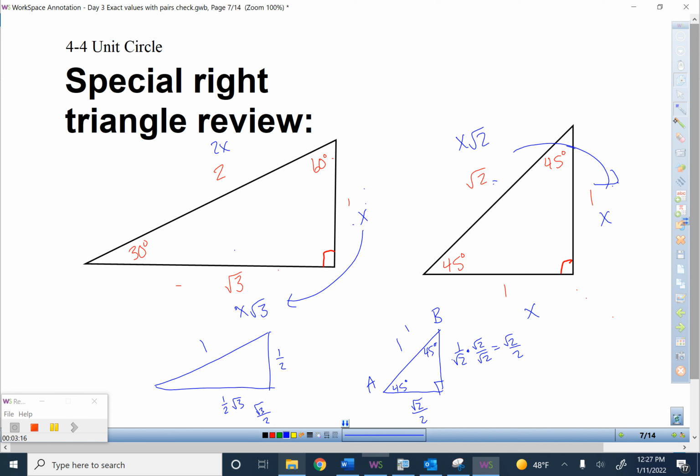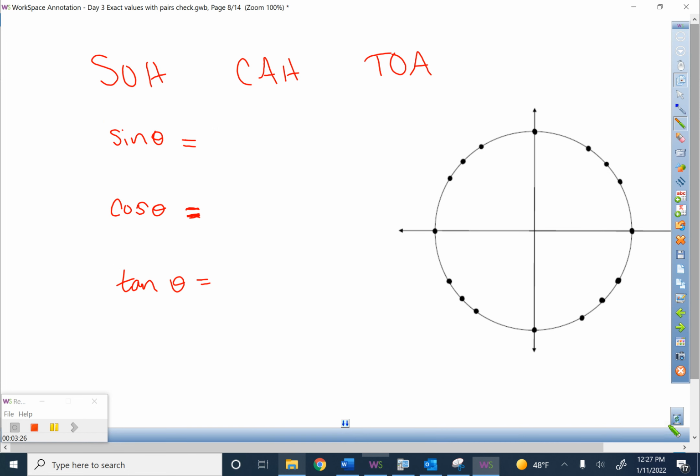Now, why these triangles are important is entirely based on that hypotenuse being 1. What we're going to talk about is how these can represent points on the unit circle. You'll notice I added extra points on the unit circle from the 4 that we learned last time.